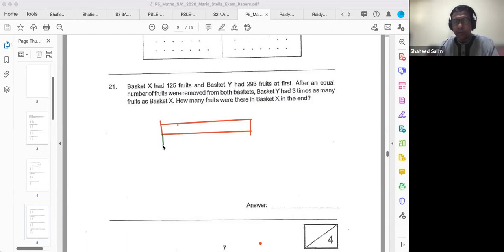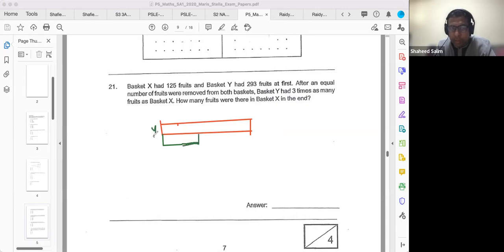Now the first one represents basket Y. This one represents X. So the Y is here, X is here, right? Hold on, I need to draw again. Let's say this thing goes up here.